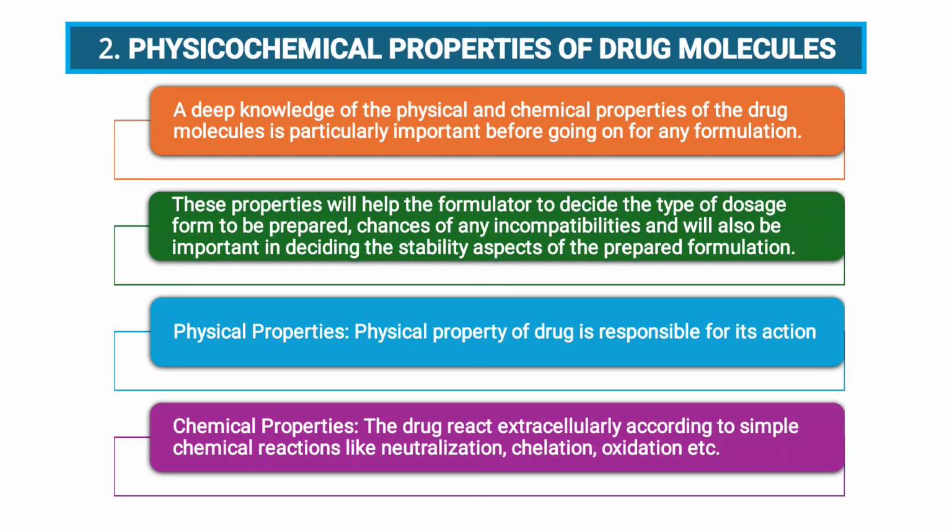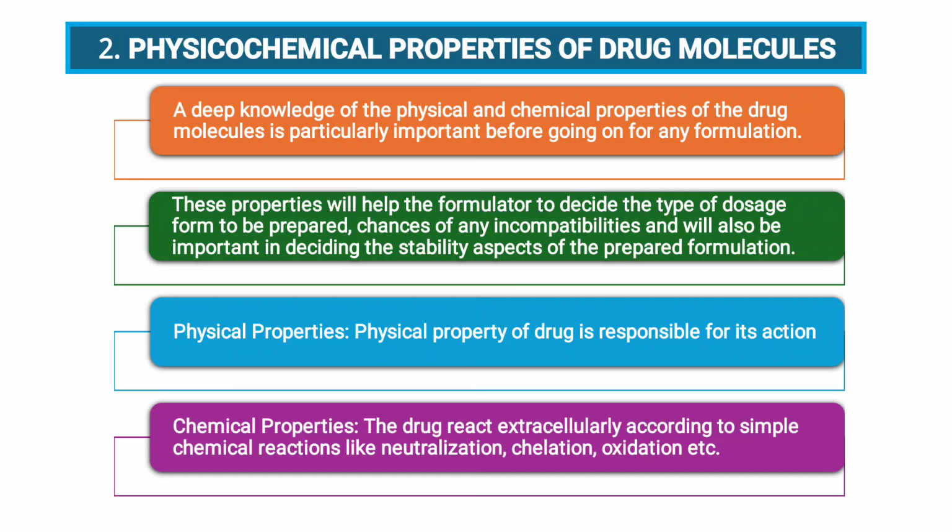Next, physicochemical properties of drug molecules. Deep knowledge of physical and chemical properties of a drug molecule is particularly important for any formulation design. Physical properties of a drug are responsible for its actions. Sometimes we wonder why some medicines work faster than others, or why certain drugs dissolve better in the body for quick relief.